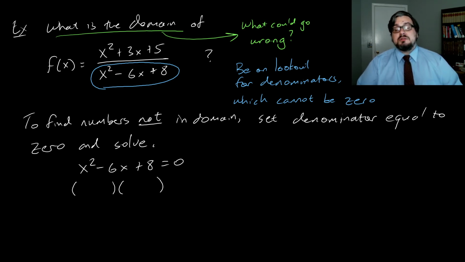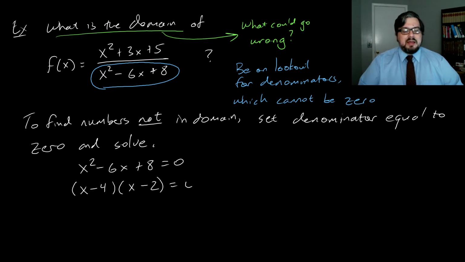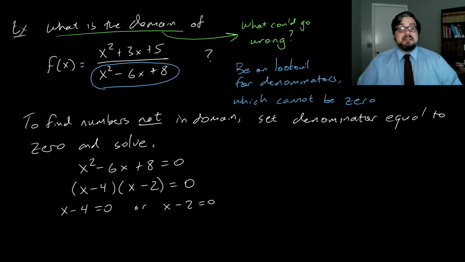If we couldn't, then we would use the quadratic formula. But in this case, this polynomial on the left factors as x minus 4 times x minus 2. And therefore, x minus 4 equals 0, or x minus 2 equals 0 by the zero factor theorem.